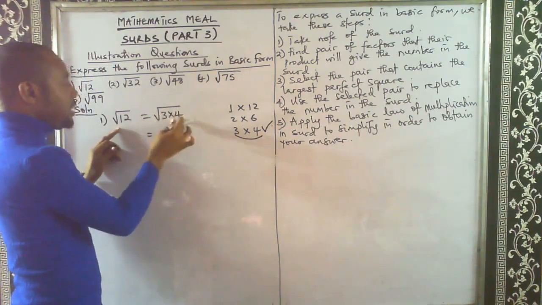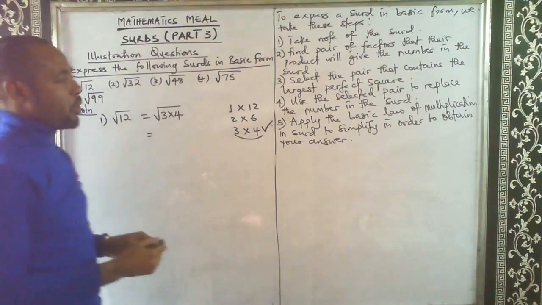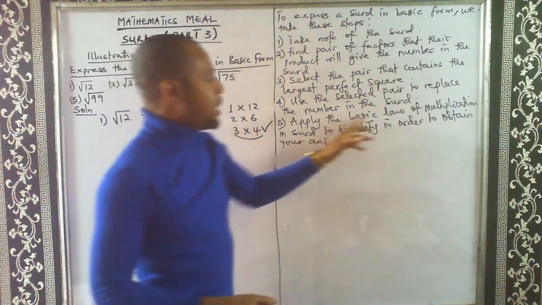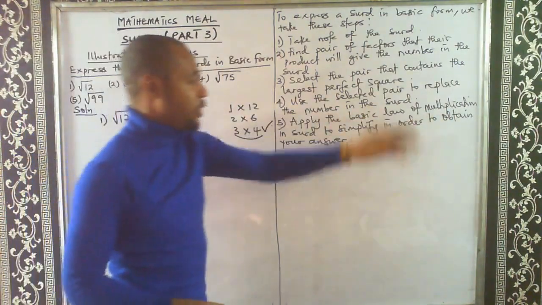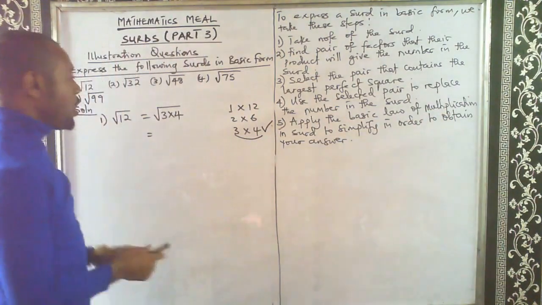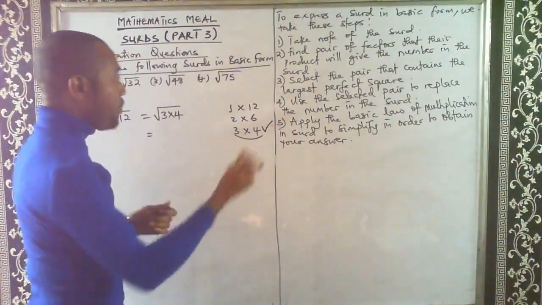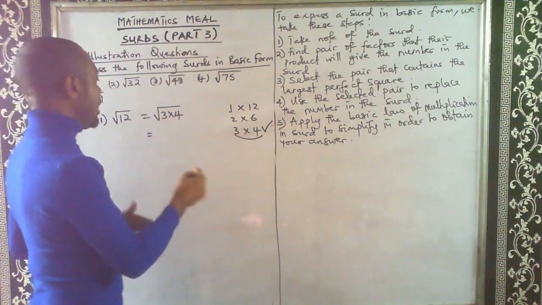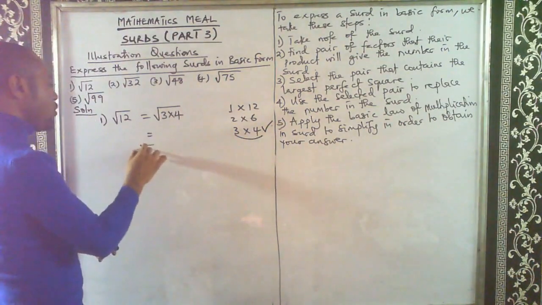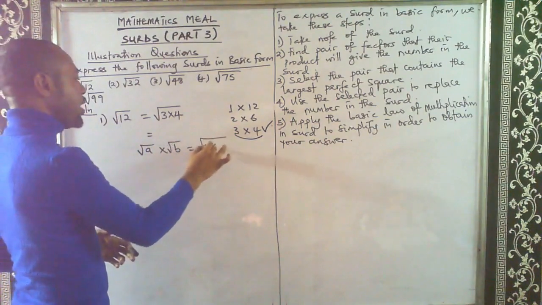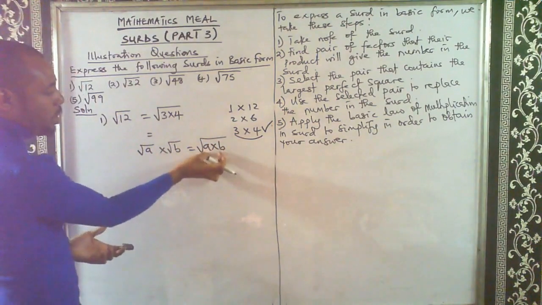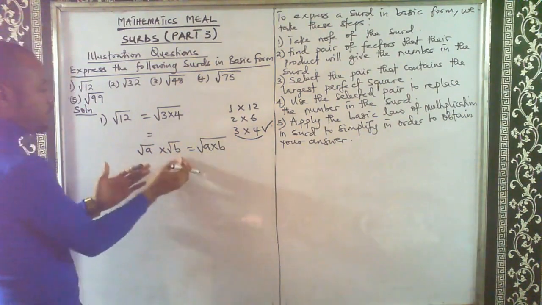We still know that 3 times 4 will give us what? 12. Okay? Apply the basic law of multiplication in surds to simplify in order to obtain your answer. You remember that in our basic law, we have said that square root of A times square root of B is the same thing as square root of A times B. That means if I'm multiplying this, I can separate them like this.